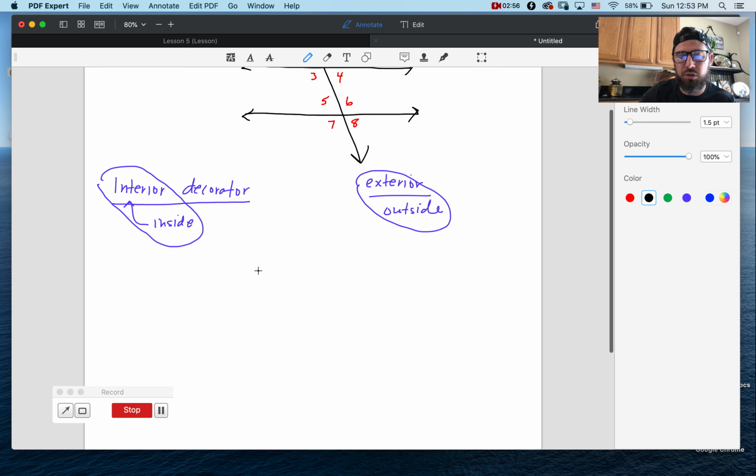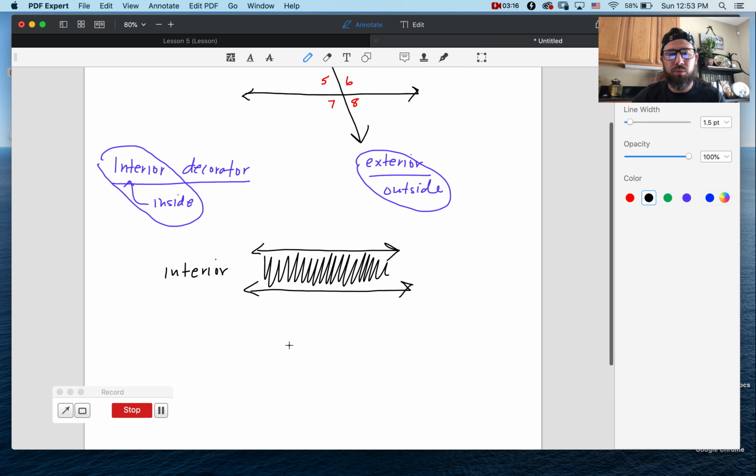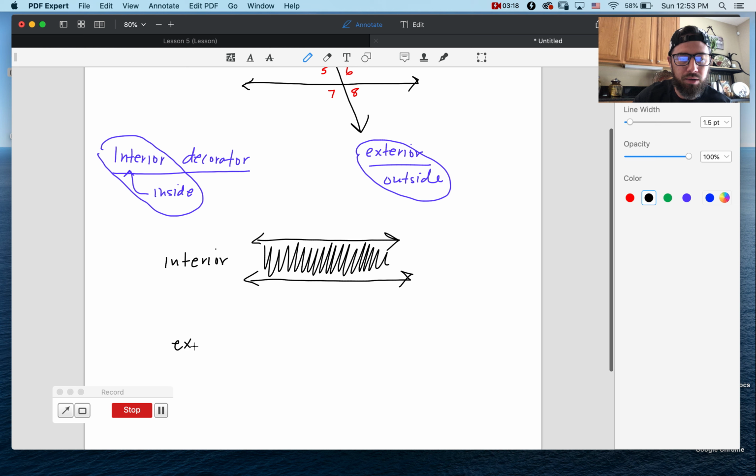Let me shift down here and show you what I'm talking about, interior and exterior. If we're on the interior of the parallel lines, we're on the inside of the parallel lines. If we were on the exterior of the parallel lines, and to be honest, you don't have to take notes on all this stuff.